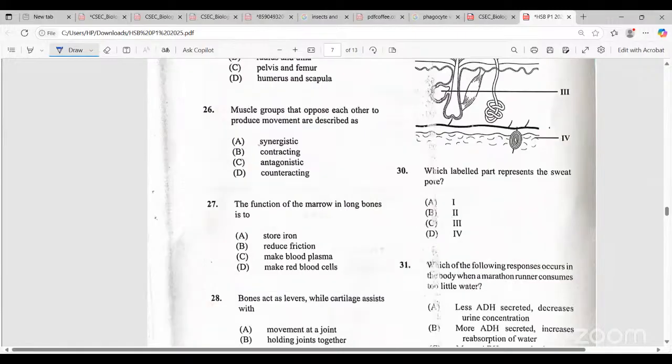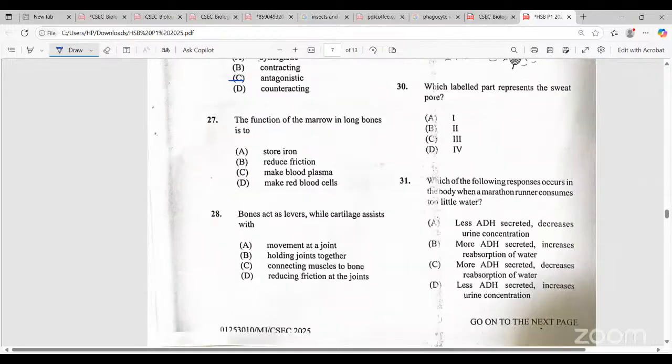26, muscles that move opposite to each other. Right, so it's a muscle group that opposes each other. It's antagonistic muscles. So that's C. 27, the function of the marrow in long bones is to, it doesn't matter whether it's long or short, it's to make red blood cells, right?